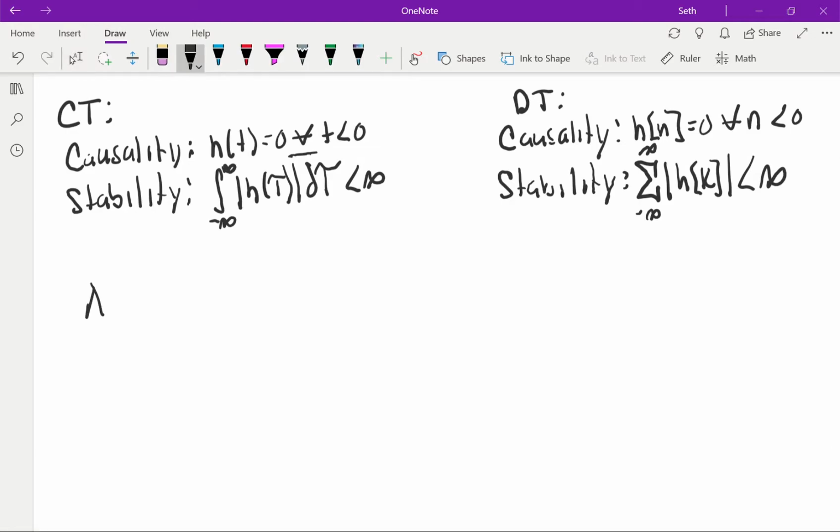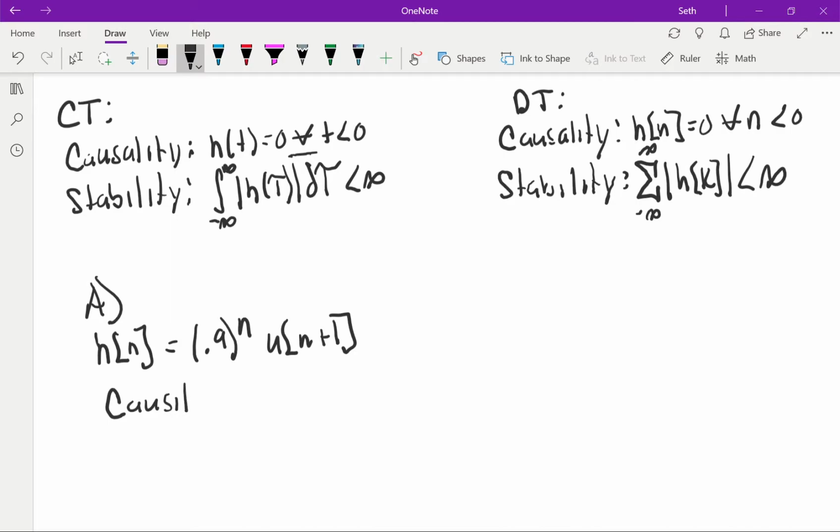So part A, we're given the impulse response h of n is equal to 0.9 to the n times u of n plus 1. So causality is straightforward.